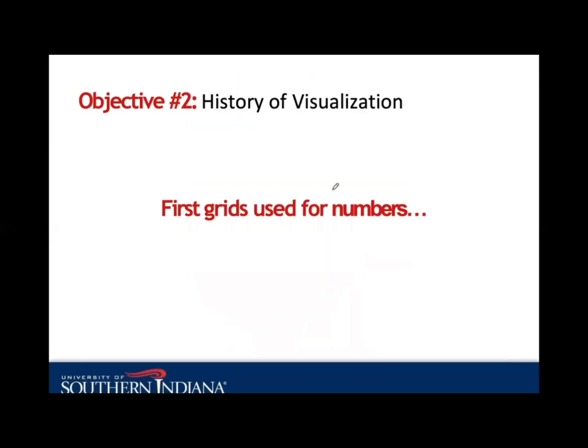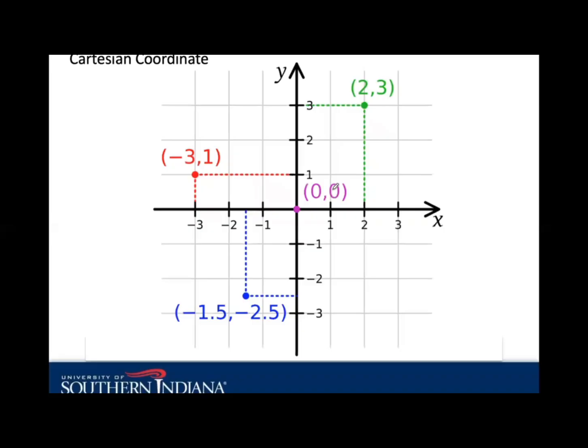And second, the first grids used for numbers. This is something called the Cartesian coordinate system, and this was created in the 1700s by French mathematicians, and this is also an early version of the scatter plot, which we will discuss later. We will learn how to do a scatter plot in our class.